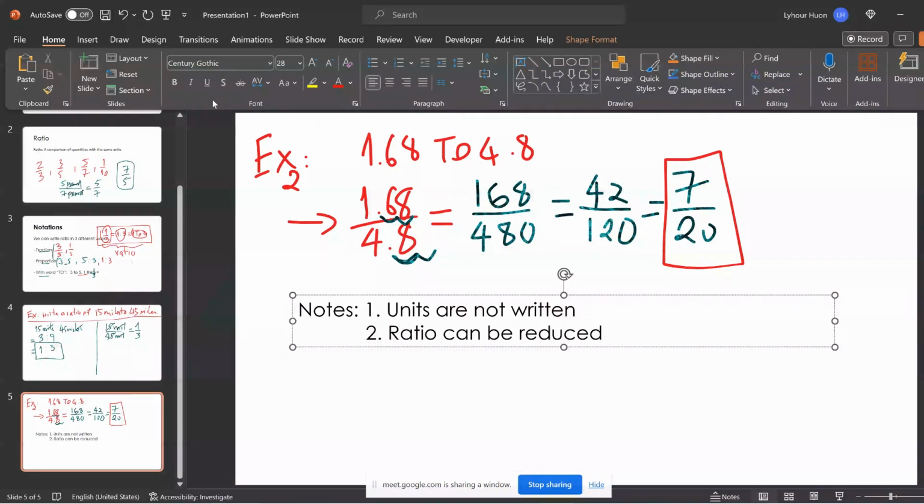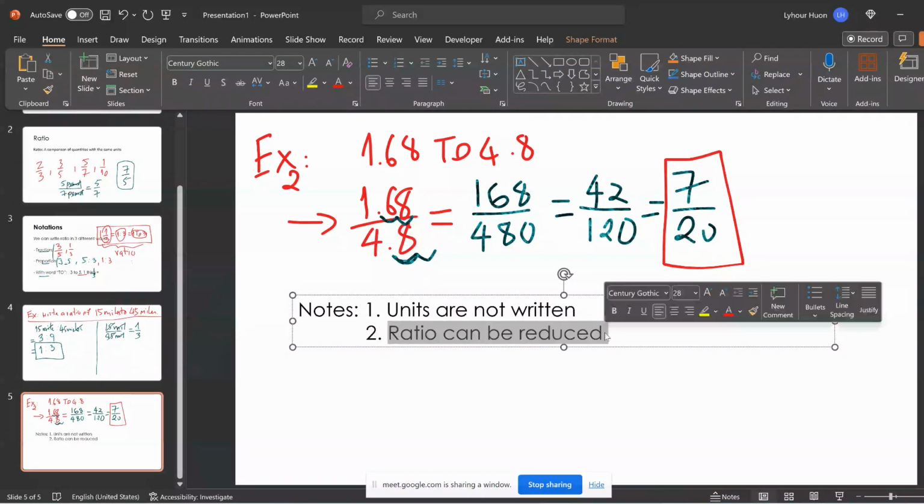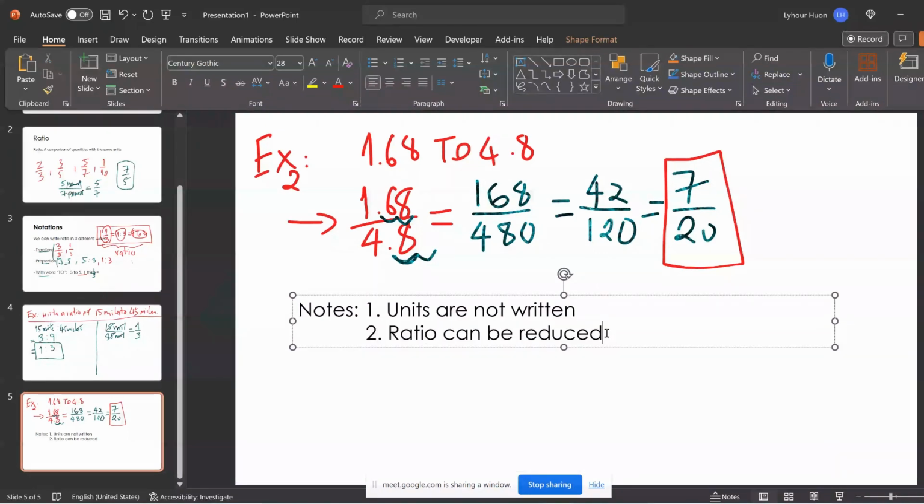So when we write the ratio, units are not written. The ratio can be reduced, in other words, simplified.